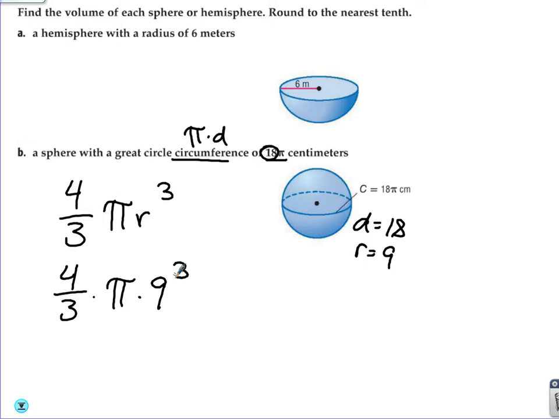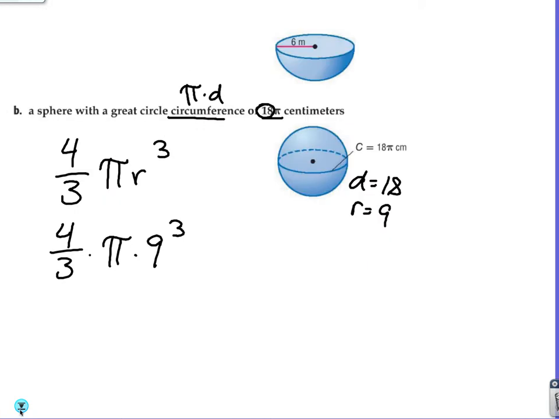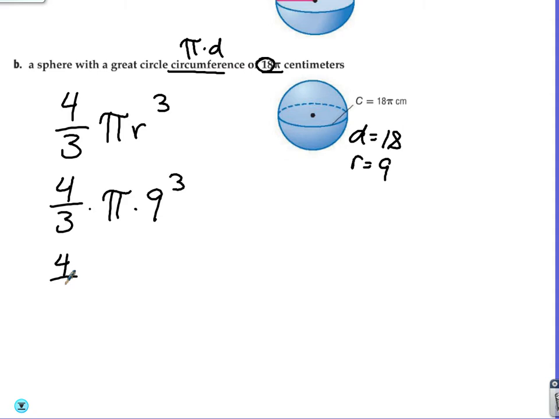Here's another trick. Y'all ready for this one? It's all about math tricks this morning. 4/3 times pi times 9 times 9 times 9. That's what you're multiplying by, right? Can you cancel before you multiply? Sure. Make that a 1, make that a 3. So what you can do is just do 4 times 3 times 9 times 9.